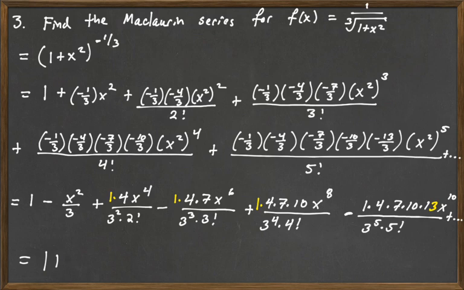All right, now to fit the 1 times 4, 1 times 4 times 7 times 10, etc., I think we're going to have to leave out the first 2 terms, or possibly we can... oh wait, this does fit the pattern. So here's our 1 times 4, 1 times 4 times 7, 1 times 4 times 7 times 10, 1 times 4 times 7 times 10 times 13.